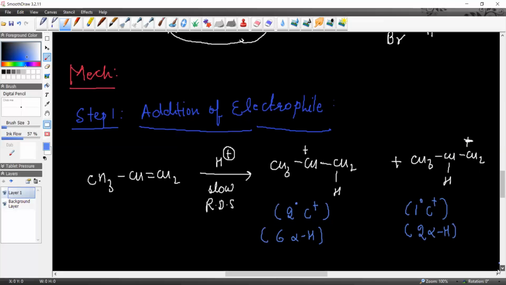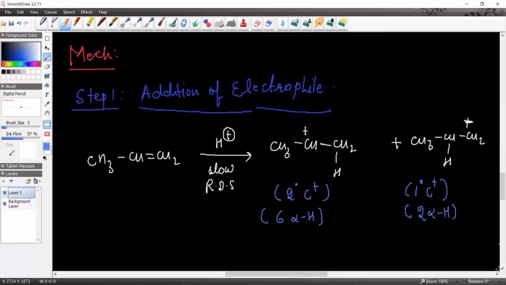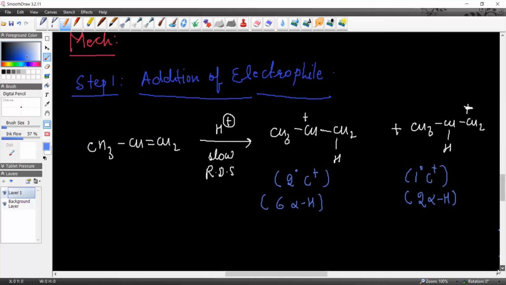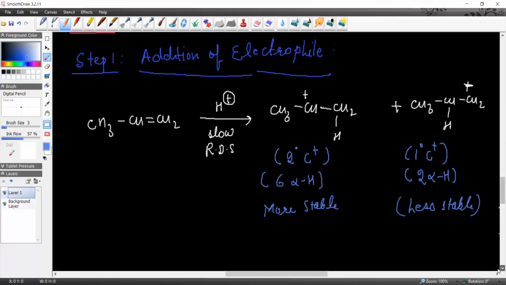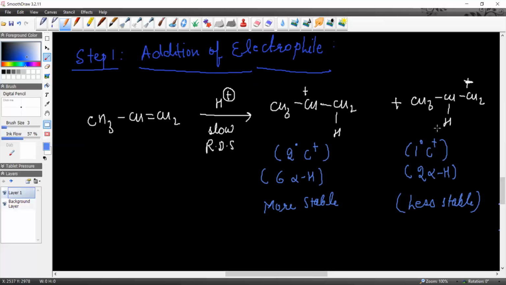As we know, the more the alpha hydrogens, the more the hyperconjugation, and the more the hyperconjugation, the more the stability. So that's why the 2-degree carbocation is more stable, and this one is less stable. Got it? This 1-degree carbocation is less stable, so it is formed in a very small quantity.